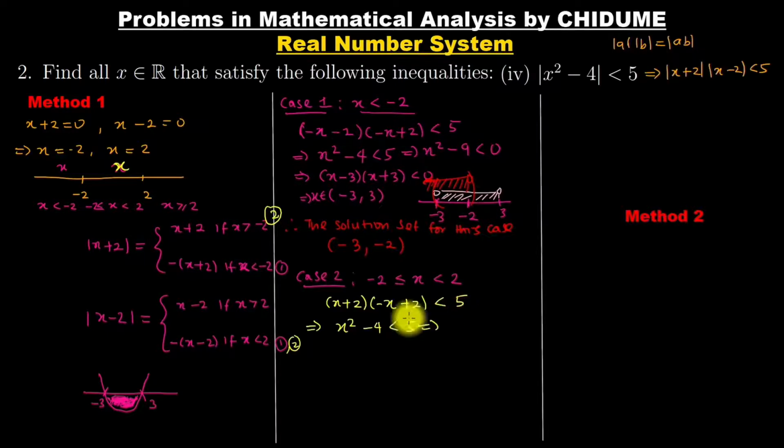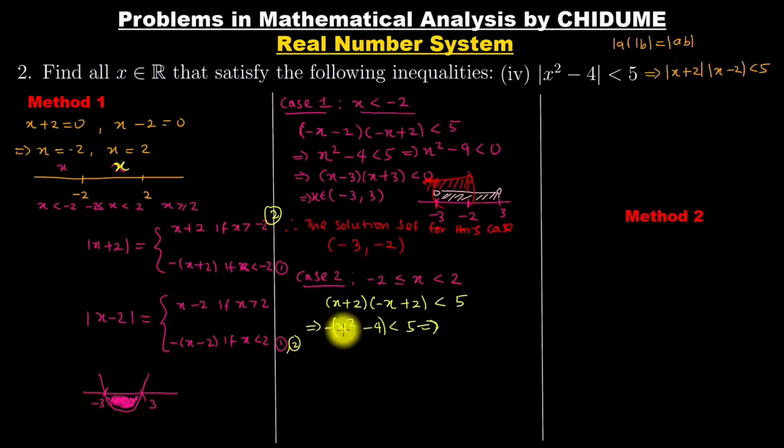Here, if I open this bracket, I'm going to have negative of x squared plus 4, which is still the same thing as negative open bracket x squared minus 4. I hope we get the idea.